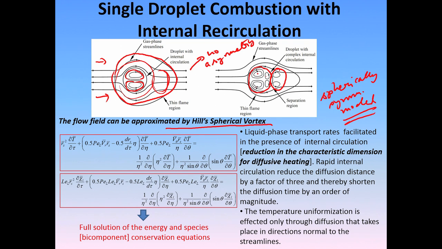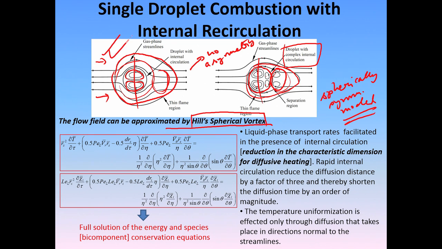Now, you get like 4 recirculation pockets, and there is a clear asymmetry between the vertical. Here of course, it is very symmetrical, this is not symmetrical anymore, and you still get a flame which closely moves towards the droplet. A lot of the flame burns in the wake. So, this droplet has got a more complex recirculation structure, as you can see, which cannot be represented by a Hill spherical vortex anymore. Got it?